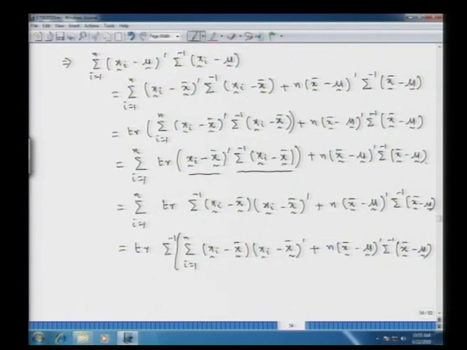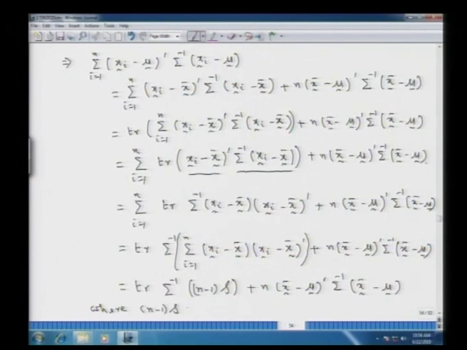Now, what is this particular term? If we look at it carefully, it is nothing but a constant multiplier of the sample variance covariance matrix. So we can write that as trace of sigma inverse times (n minus 1) times S, plus n times (x bar vector minus mu vector) transpose sigma inverse (x bar minus mu vector), where we have used the notation that (n minus 1) times S is the sample variance covariance matrix with a divisor n minus 1.